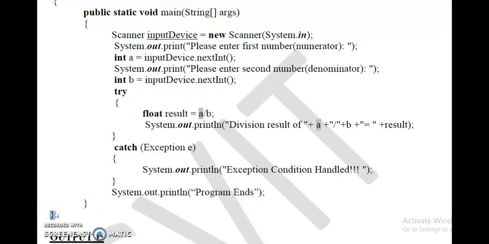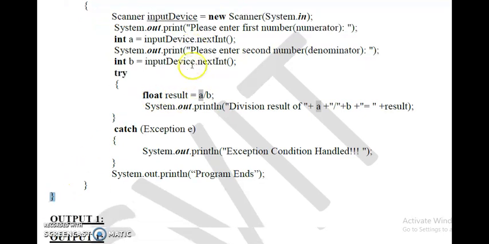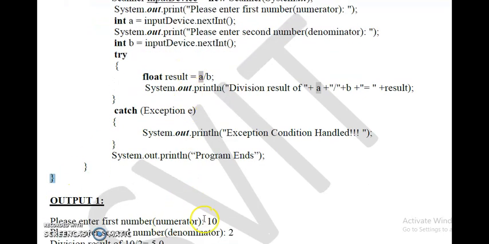When I execute this program, there are two possibilities of outputs: one where an exception is raised when we compute the division operation, or one where an exception is not raised. For example, I read two numbers: first number 10 and second number 2. There is no concept of raising an exception.